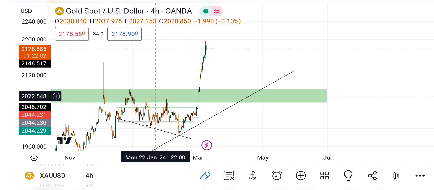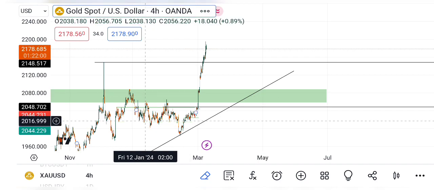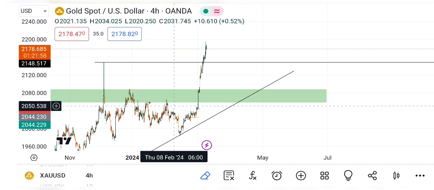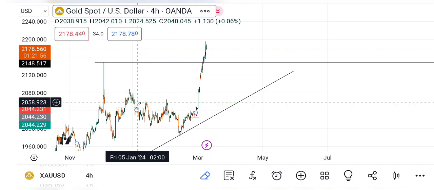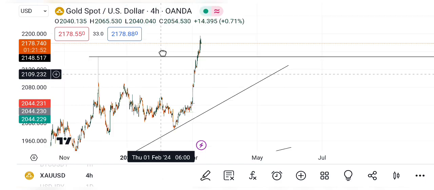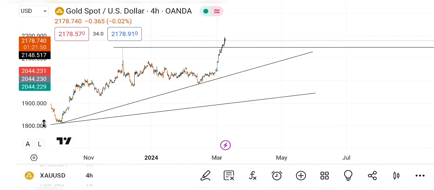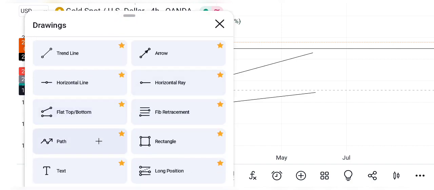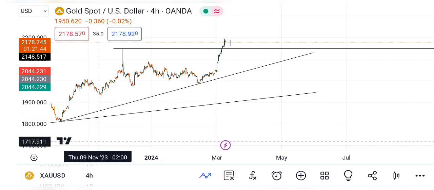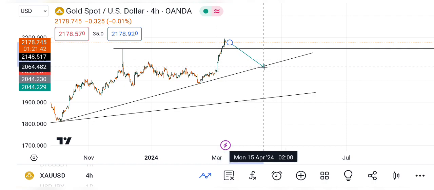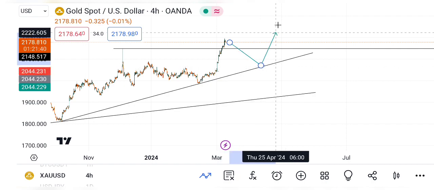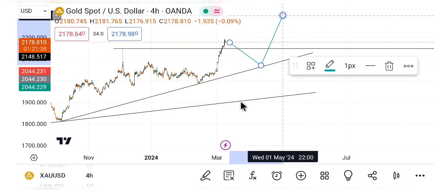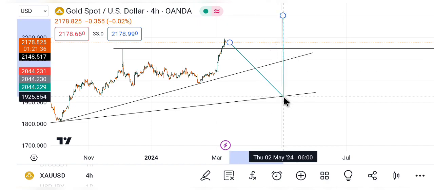I'm going to take them out, and we tend to work with the current price action right now. So as you can see, this is gold. It's what I'm expecting for gold. Maybe gold might start to drop to this point before going up, or probably break it for coming down.